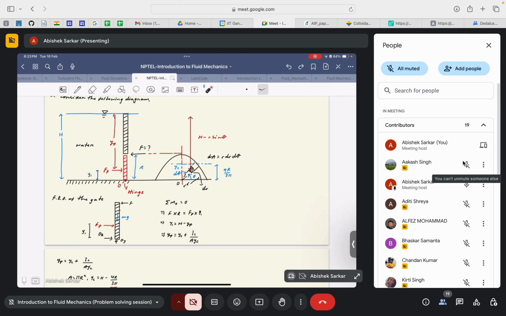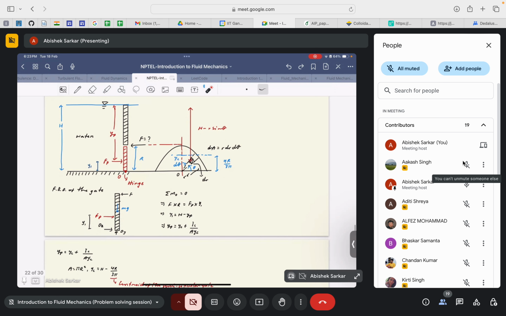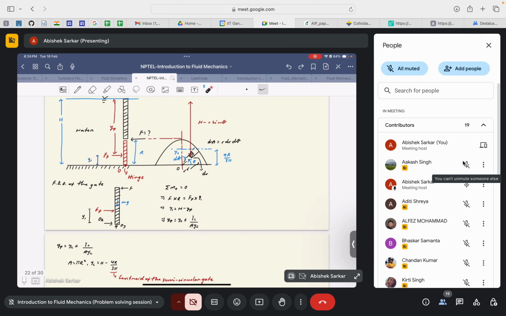And y1 would be given by H minus Yp, since if we consider the depth of the center of pressure from the free surface as Yp, then y1 would be this length minus this length. So it is H minus Yp, and then Yp can be found out by Yc plus Ic by AYc.